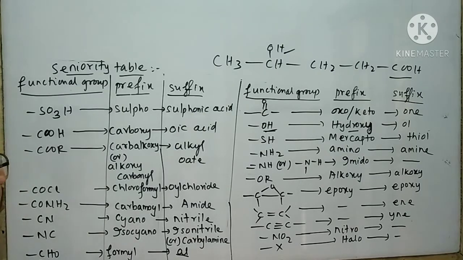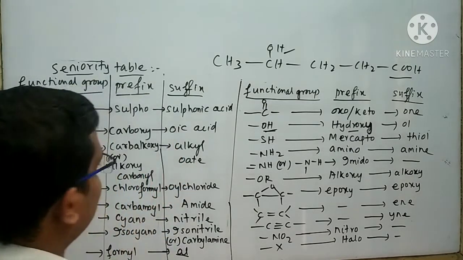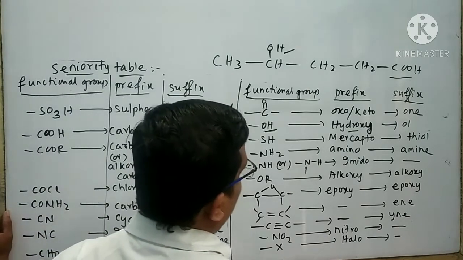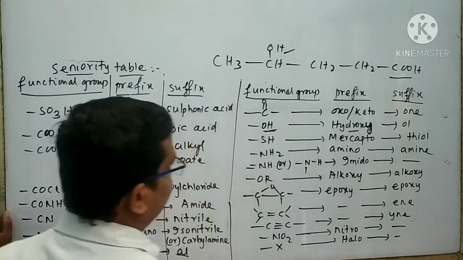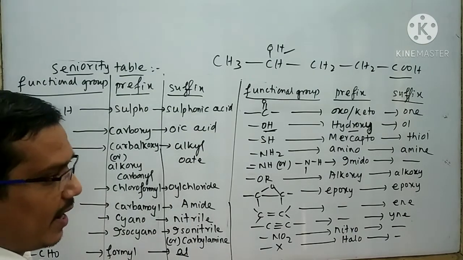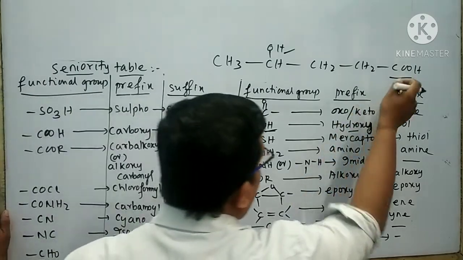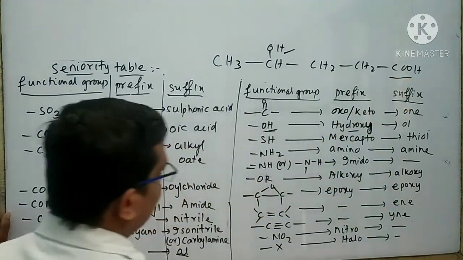From this rule and the seniority table, it is concluded that for the naming of such organic compounds, we generally use the suffix of -COOH and the prefix of -OH. The selection of the parent chain and the numbering of the parent chain must be done according to the -COOH group.